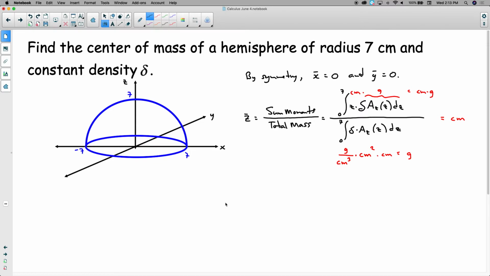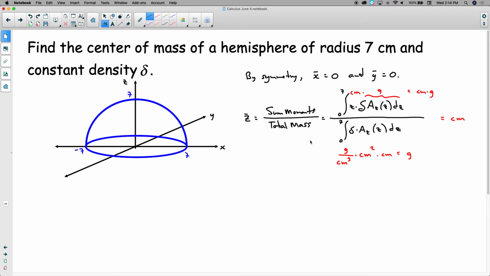Okay, great. Now, it says that the density is constant. So these deltas here are constants, so they can be pulled out of the integral. And once they get pulled out, they cancel each other out, so they become irrelevant. That makes total sense, because if there's uniform density, then the center of mass is independent of whatever that density is.